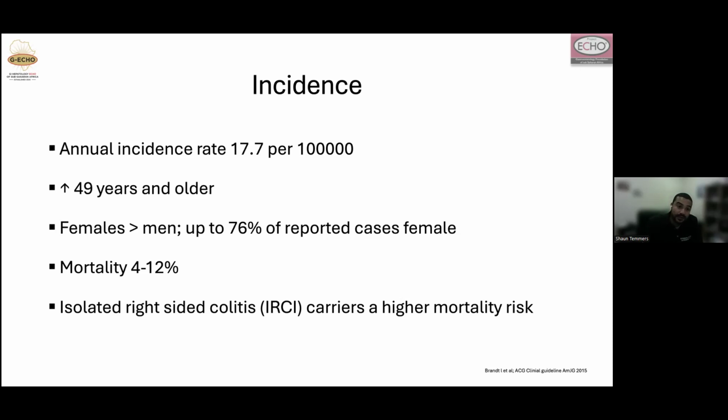There's a significant female predominance: 3 out of 4 reported cases were female. It carries a significant mortality risk, up to 12% in patients. In patients with an isolated right-sided colitis, the mortality risk is even higher.